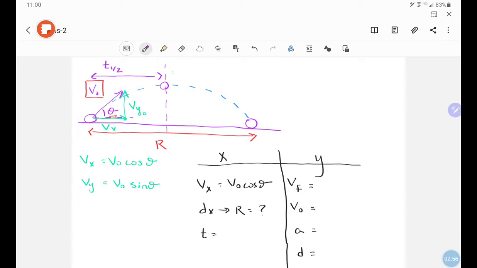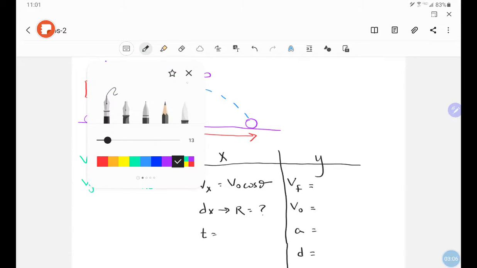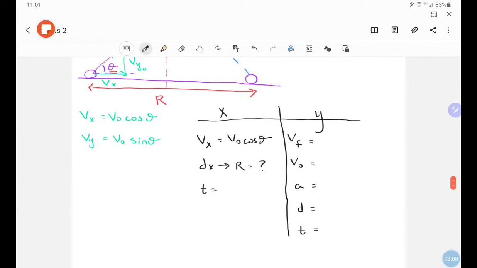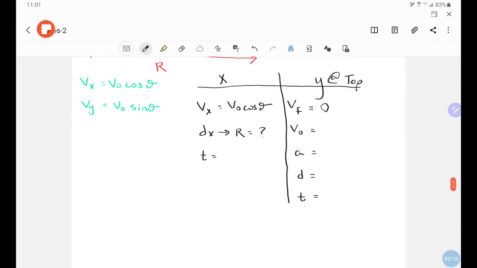I also know that the velocity there is equal to 0 in the y direction. So I'm going to use that fact to make life a little bit simpler. So I'm going to say that the final velocity of my object is 0. This occurs at the top. I'm describing half of the motion here.